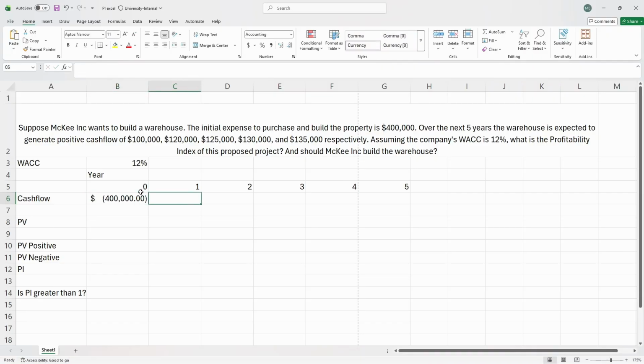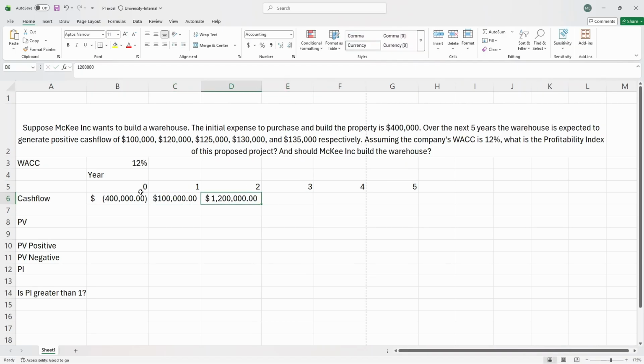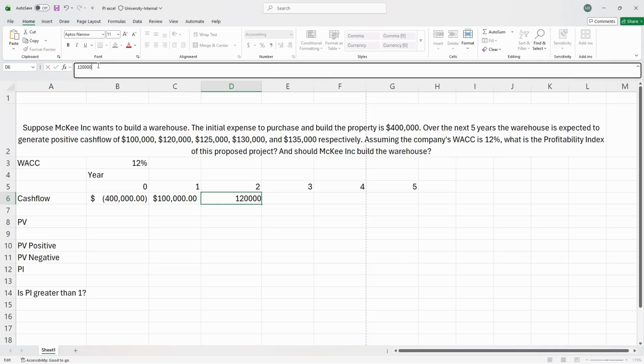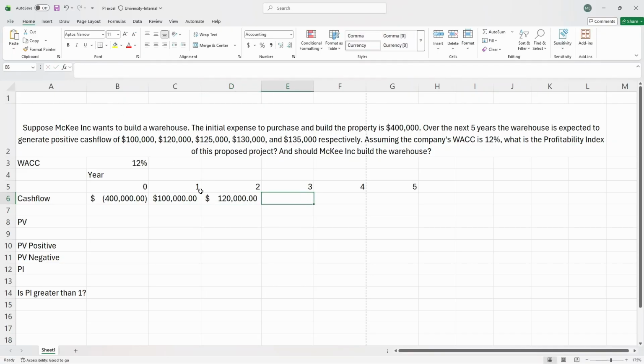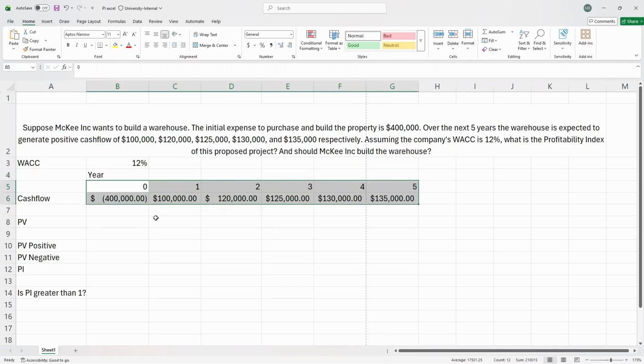And then we have positive cash flows for years 1 through 5. So 100,000, 120,000, not 120 million, or 1.2 million, 125,000, 130,000, and 135,000. So this is all the cash flows from year 0 through year 5.